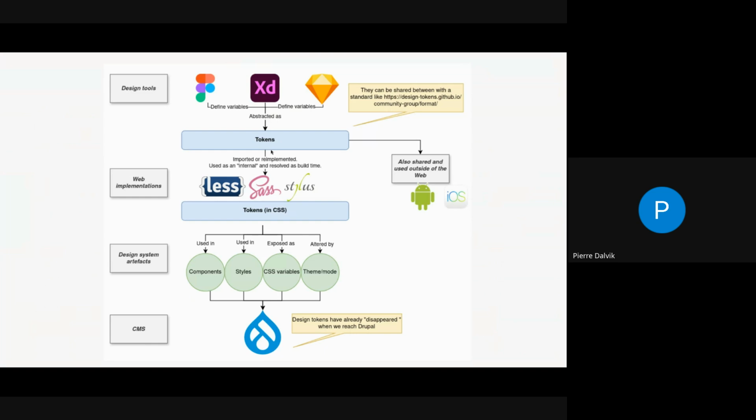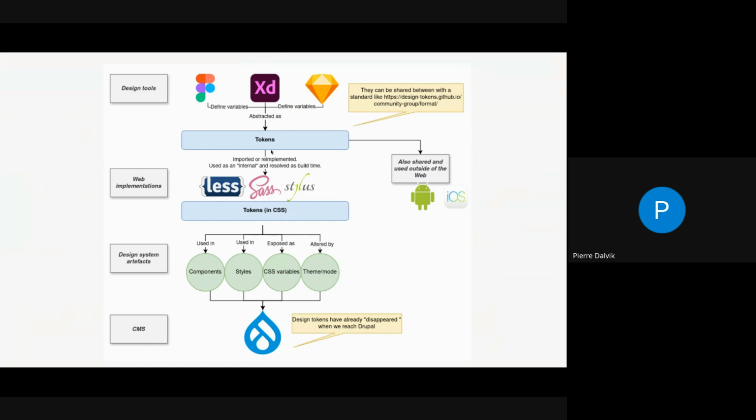Design tokens are used to build components. For example, a card can have a shadow by default. A style can apply a shadow. A CSS variable can change the value of a shadow. And a theme mode can disable or enable a shadow. So, of course, tokens are everywhere. You have tokens in most of the artifacts.